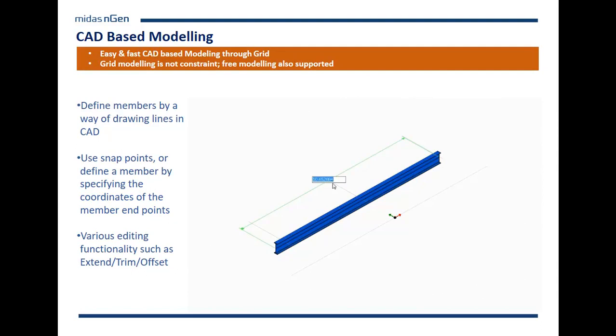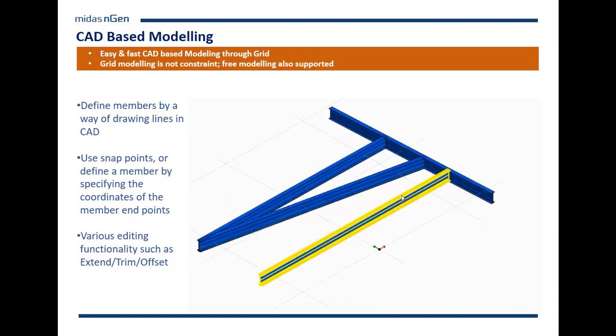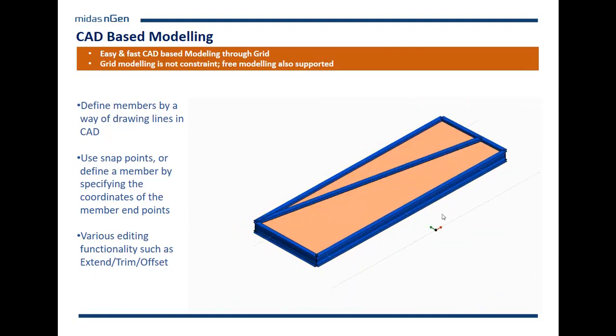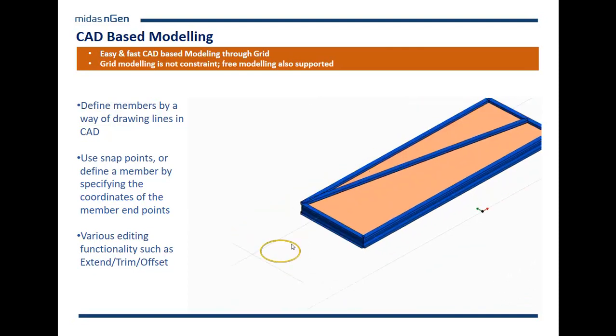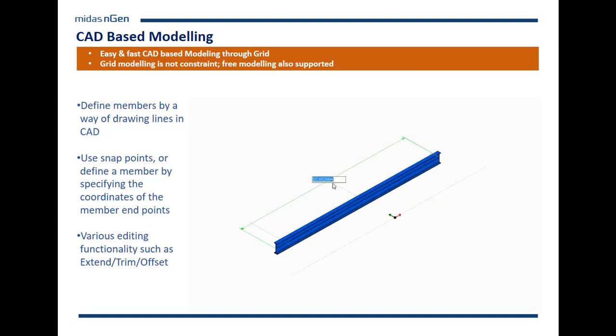So MIDAS nGen offers a CAD based modeling method. We need not create the nodes or the elements in order to generate the elements. We can just do it based on the CAD based features. Various options like extend, trim and offset are available in the software, and we can do the modeling based on the grid lines.